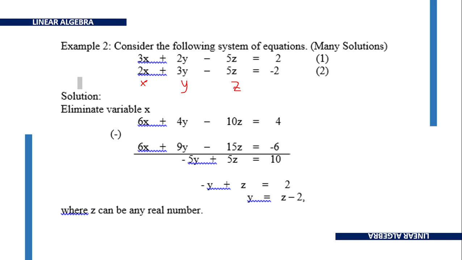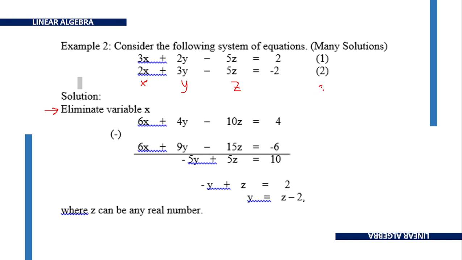For the solution, as you can see, it says to eliminate variable x. So we should eliminate variable x, or whichever variable you want to eliminate. I will just write here on the side how it happened. He used equation 1 and equation 2, of course, and eliminated variable x. So let me write equation 1 and equation 2.